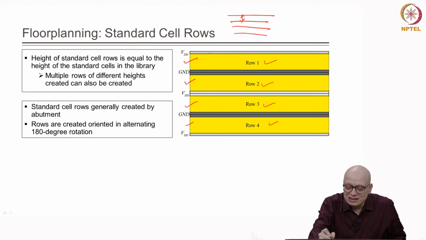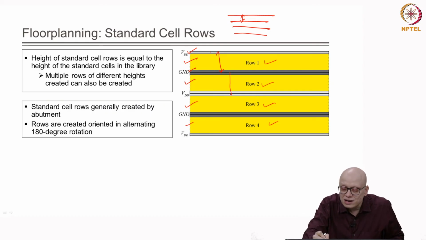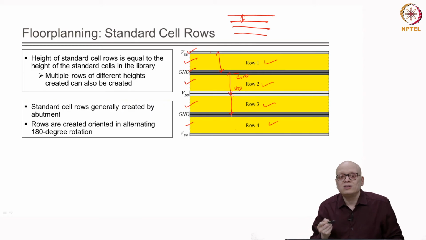So, in row 1, VDD is at the top and ground is at the bottom. In row 2, we have made ground at the top and VDD at the bottom, and then in the next row again VDD is at the top and ground is at the bottom.